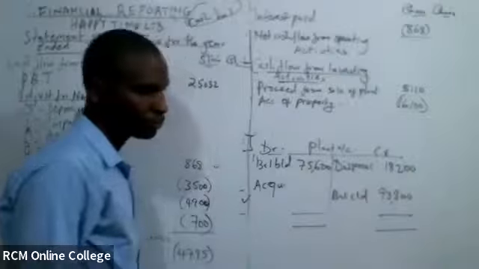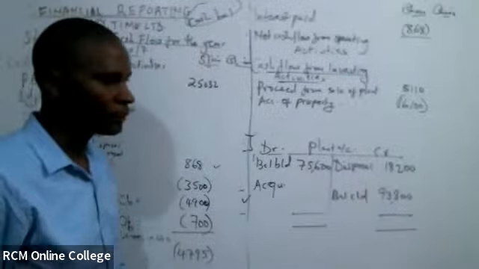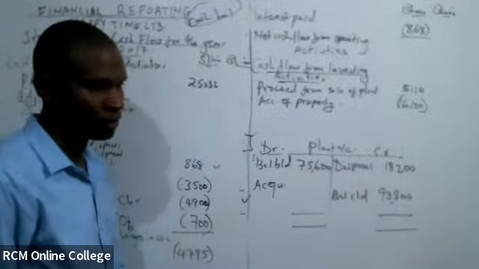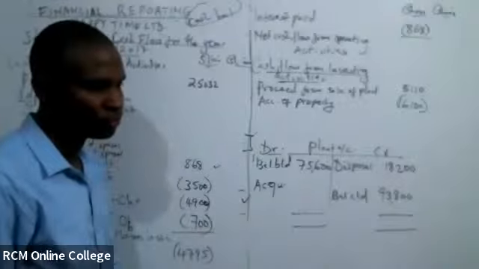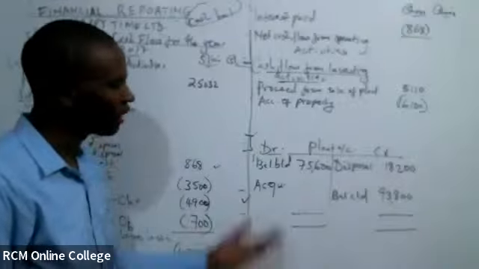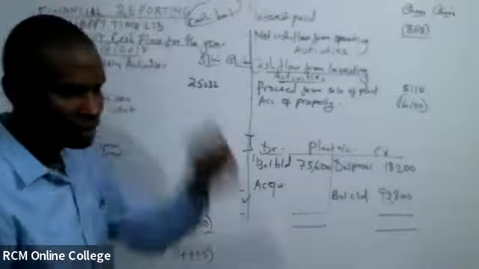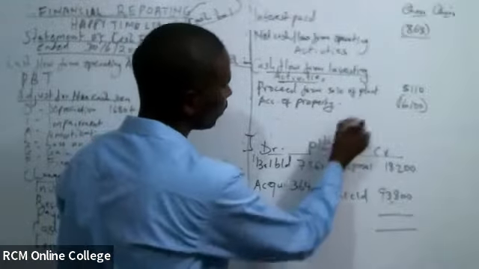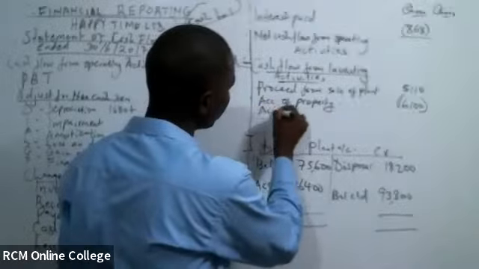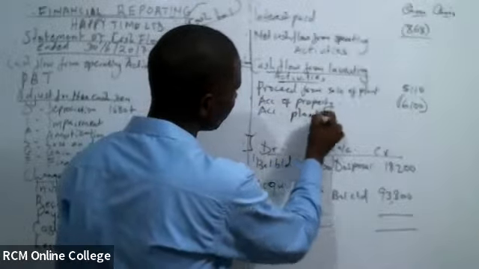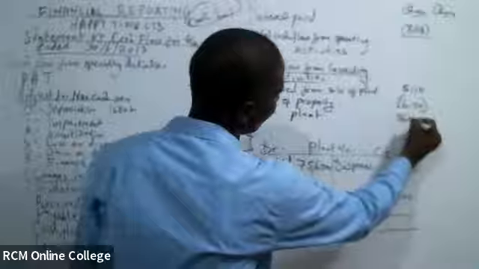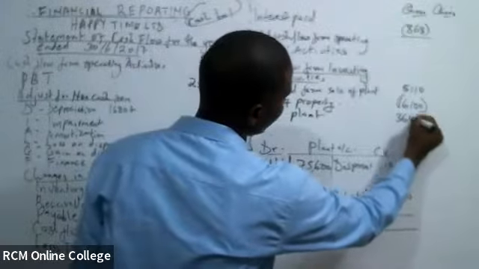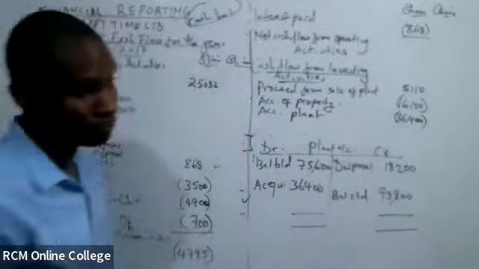How much did we acquire? How much plant did we acquire? Just balance it well there. 36,400. So I come here and say acquisition of plant, 36,400.